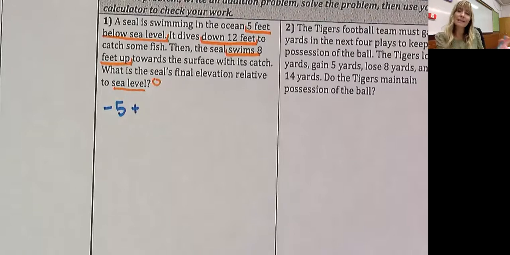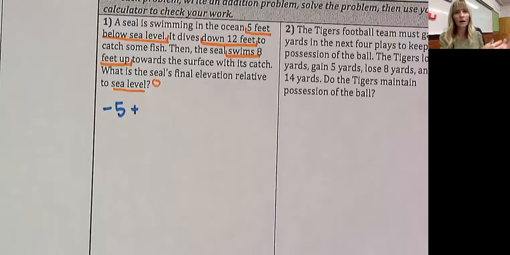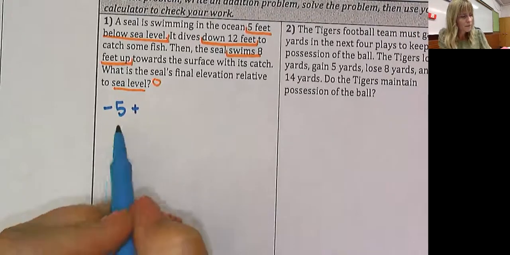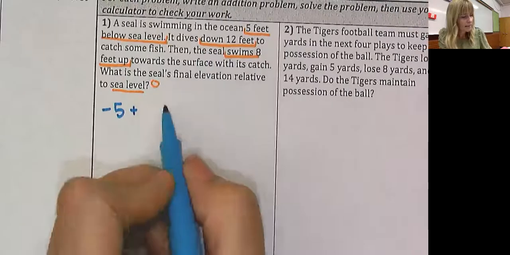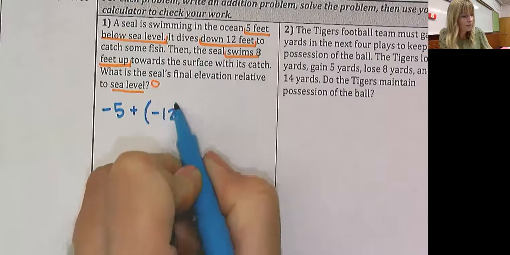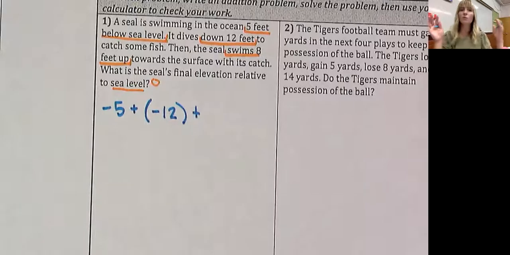And then I'm just going to assign positives and negatives to my values. It's like a verb versus a noun. And we'll talk about that more as we move forward. So -5 feet, 5 feet below sea level, plus -12. If I keep it all addition, then I can just worry about how the seal is moving in relation to sea level and assign my positives and negatives as I go.